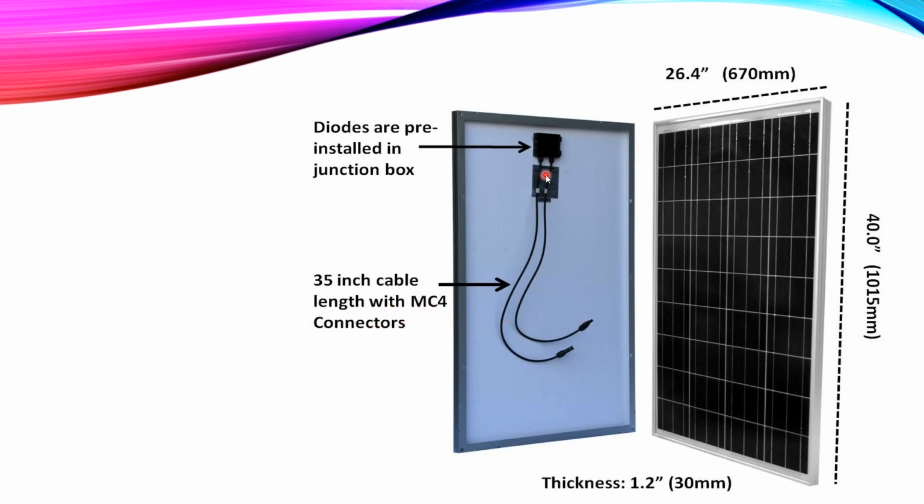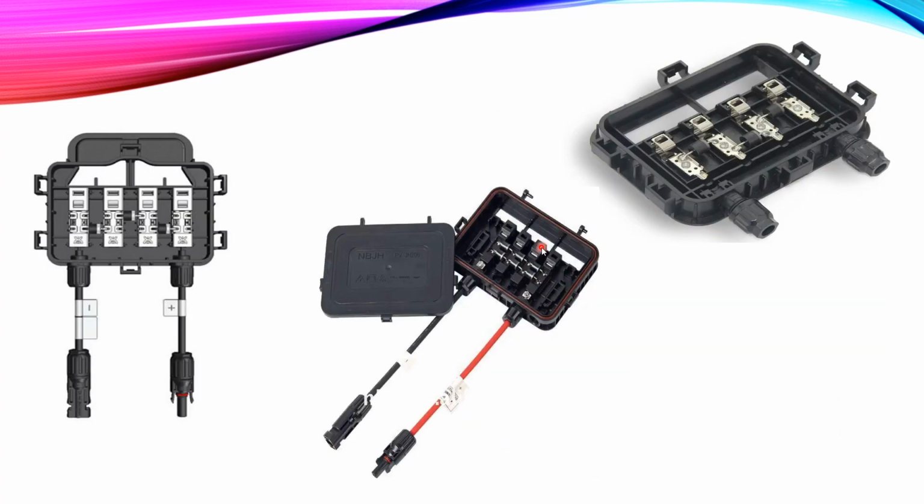Now we said the advantage of the diodes is to prevent the reverse direction of the current to the panel itself. And we have the two cables which are used to connect the panels together in series or in parallel. Of course, this is the male and female, the positive and the negative, which come out of the junction box.